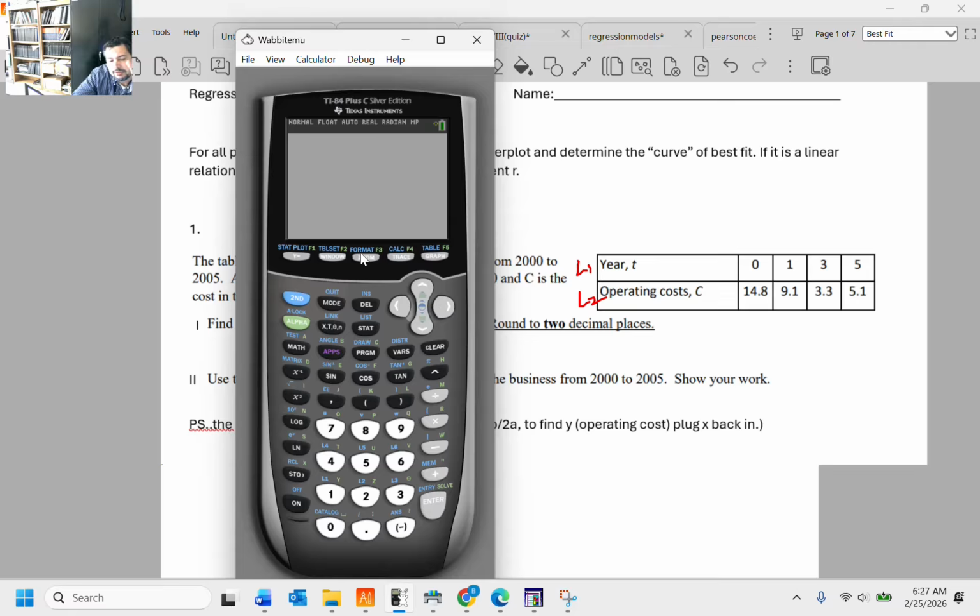And now when I do my zoom 9, I will see that curve and the attempt to fit it to those points. I kind of think it might be off on that one to the right, but no, it went right through it. So yeah, definitely looks like a parabola. Anywho, let's see here.